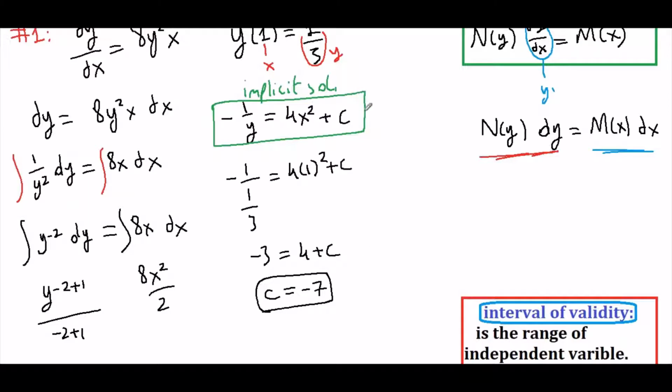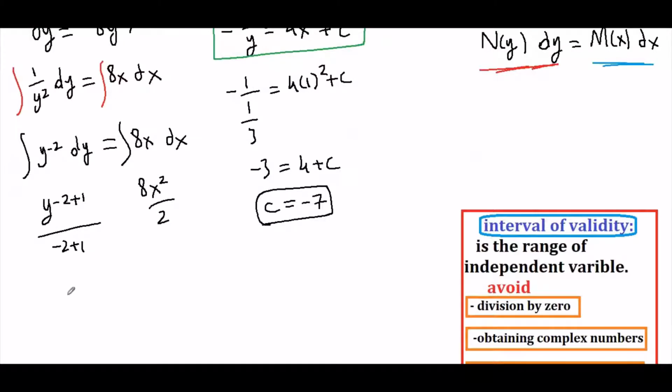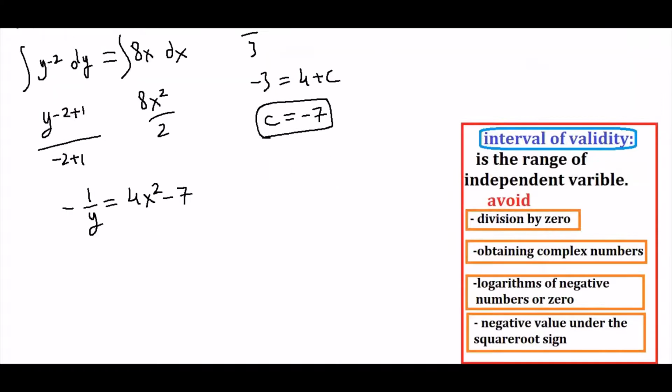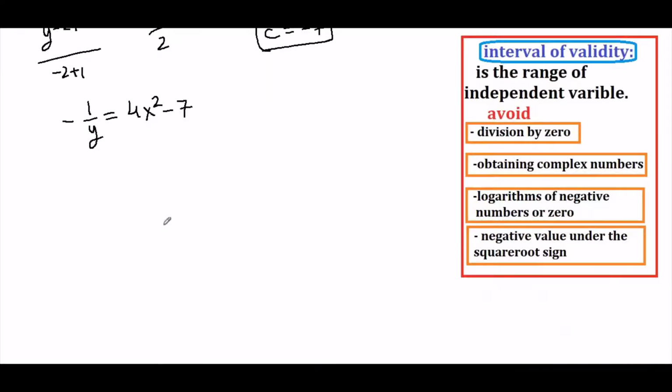Now we can plug in the c value. So negative 1 over y equals 4x squared minus 7. If we solve for y, we obtain the explicit solution. If we multiply by the negative sign and invert the fraction, then we find y equals 1 over 7 minus 4x squared. So this is our explicit solution.